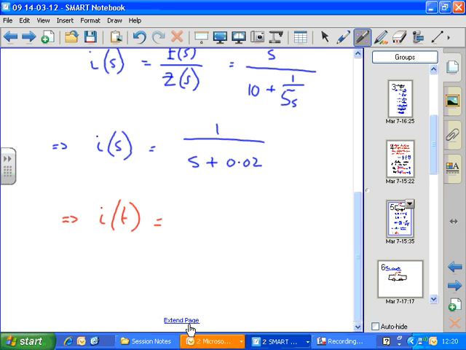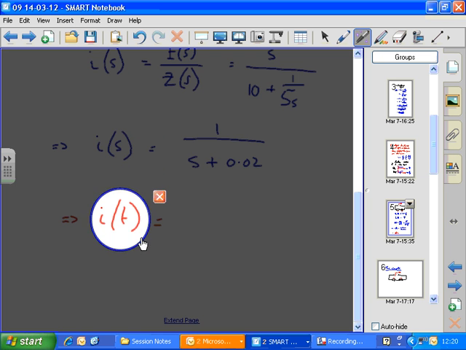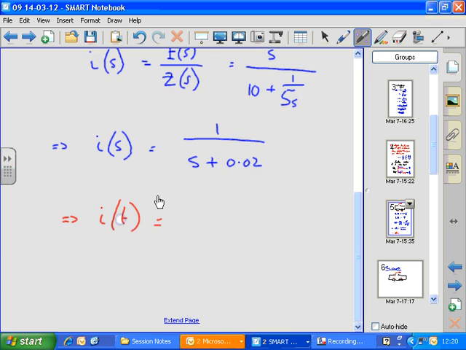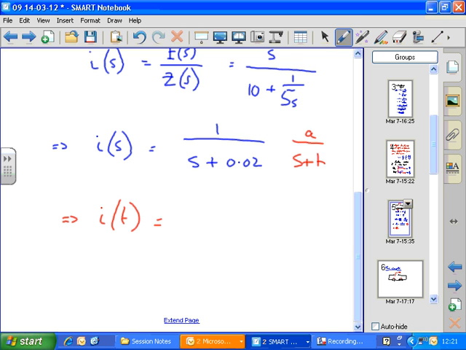Once we've got the current in this form, 1 over S plus 0.02 in S space, we then need to transform back to time as our variable. So we need to use the table on page 5 again, but now in reverse. If you look down the right-hand column, you can see that this particular one is of the form A over S plus B, and that transforms to A e to the minus bt.